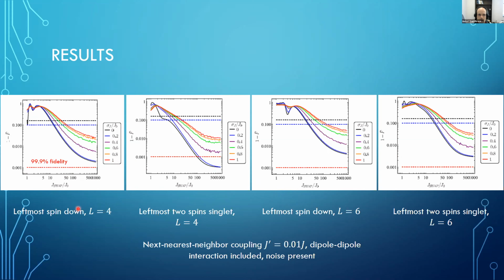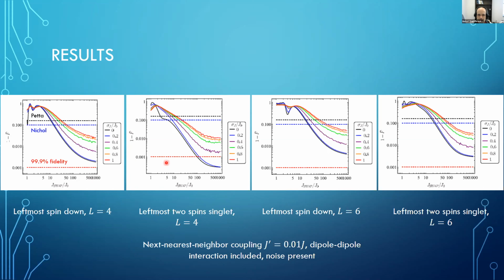The red dashed line represents what we would have if our swap operations had 99.9% fidelity. As I said, that's the goal we want to achieve to be able to implement error correcting techniques. The blue dashed line represents the Rochester group's fidelity, and the black dashed line represents the Princeton experiment's fidelity.